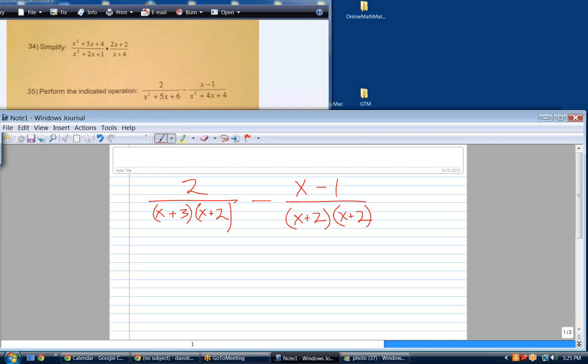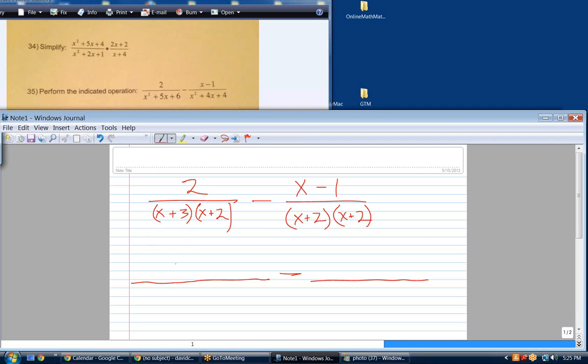But I can figure out what a common denominator is going to be. Could I times the left side by x plus 2 and then times the right side x plus 3? Yes. And in fact, you don't really need to times the left side by x plus 2 if you think about it.